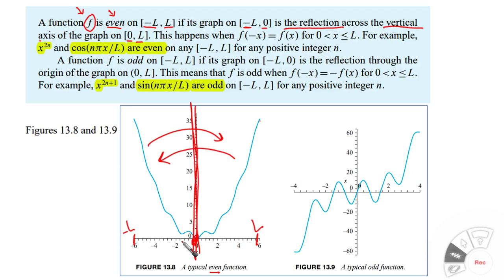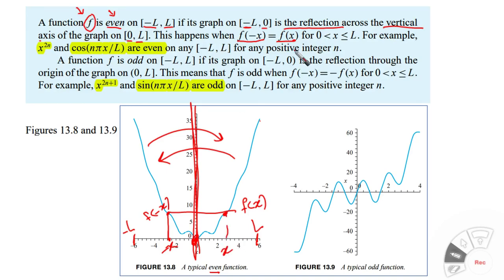This happens when f of minus x equals f of x. This is f of x here, and this is f of minus x, right? Here this is minus x, for example, and here this is x.